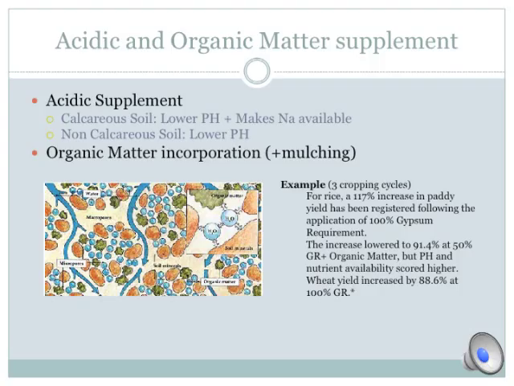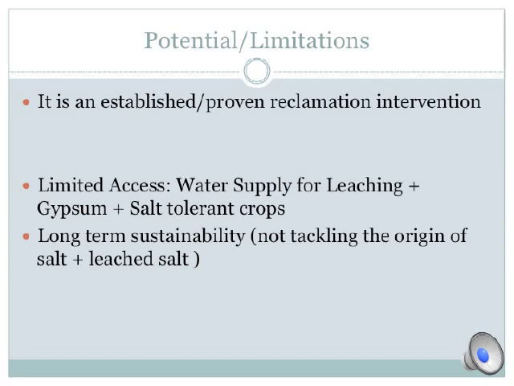Pretty much all these interventions, optimally done under the proper conditions, can have an efficient impact in reducing the levels of salinity, and do so in 2 to 3 crop cycles, which for reclaiming salinity can be relevant.